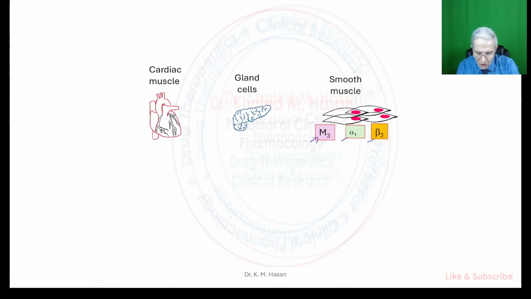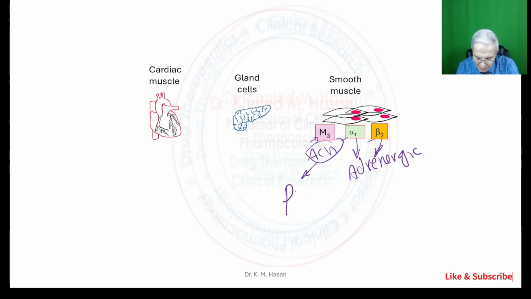I will remind you, M stands for muscarinic, which means this belongs to acetylcholine. Alpha belongs to the adrenergic, and beta belongs to the adrenergic system. Acetylcholine belongs to the parasympathetic nervous system, and adrenergic belongs to the sympathetic nervous system.